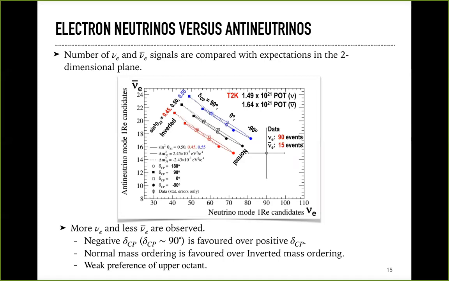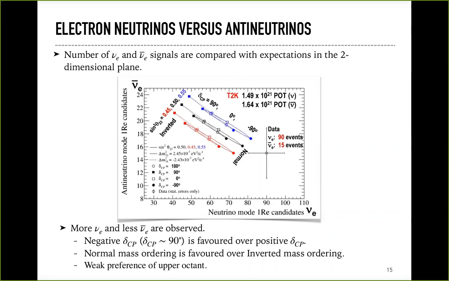In this plot you can see actually the data from T2K as well, and what would be the curves for different values of the parameters, sin squared theta 23 and the CP violating phase. So in this case, a negative value of delta CP is favored over a positive value. Normal mass ordering is favored over inverted mass ordering, and there is a weak preference for the upper octant, but there is no indication of that yet. So this is what we can observe for this measurement.